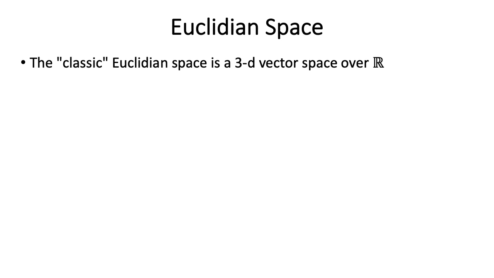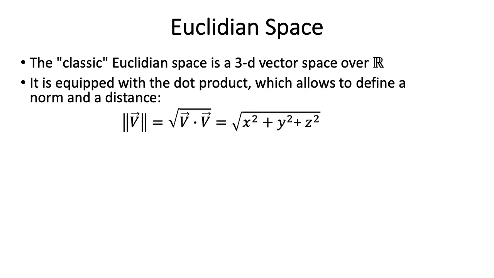Now, let's look a bit closer at a simple example of Hilbert space, the Euclidean space. It's a good old space we know that we'll simply call space here. It's a vector space equipped with a scalar product. And how do you call a vector space with a scalar product or with an inner product? Well, it's a Hilbert space, as we'll see. Now, it's equipped with this dot product here, which allows us to define a norm and a distance.